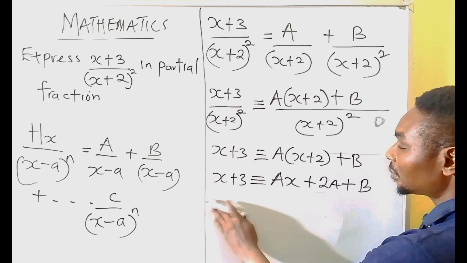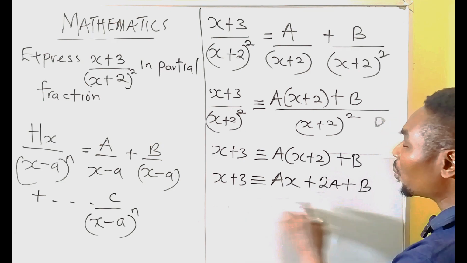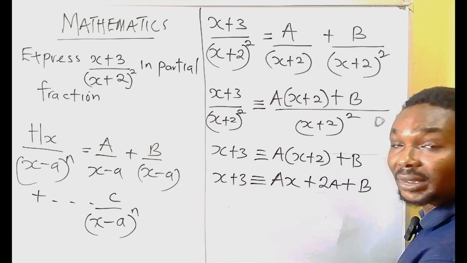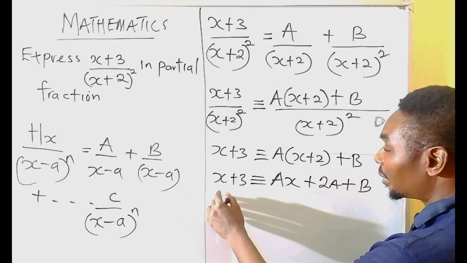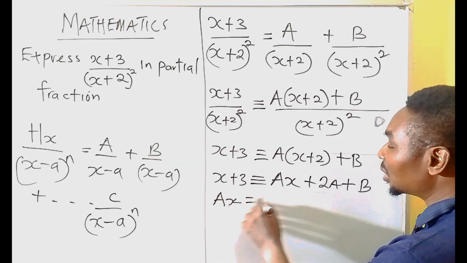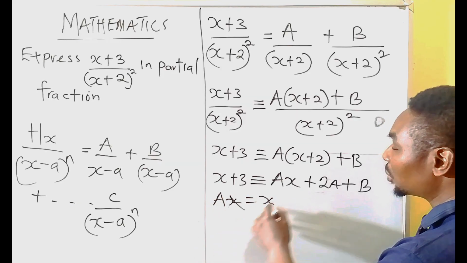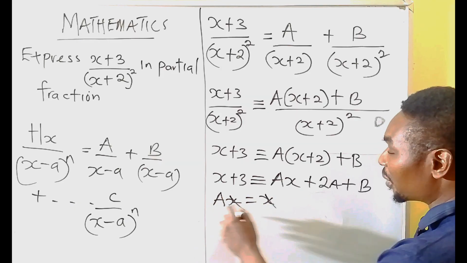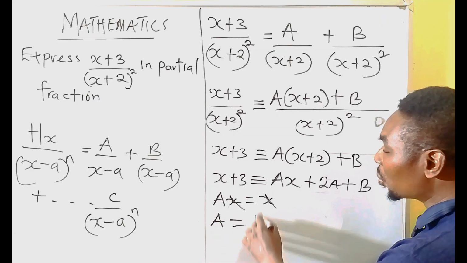So if you equate the coefficient of x, you have Ax is equal to x. So x will cancel x. Therefore, A is equal to 1.